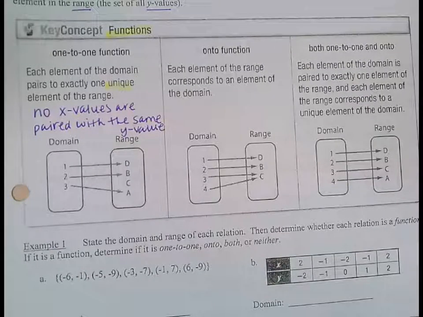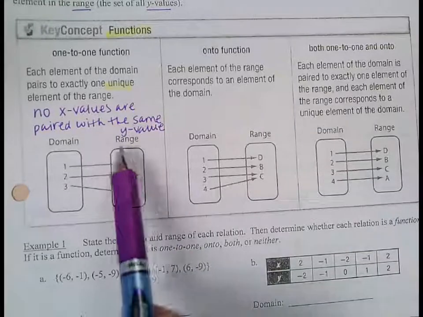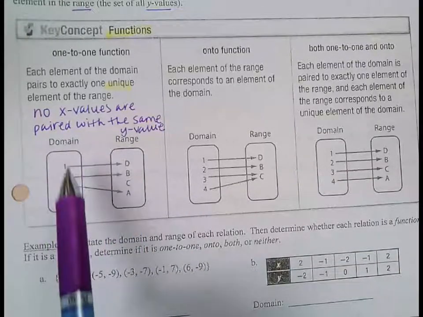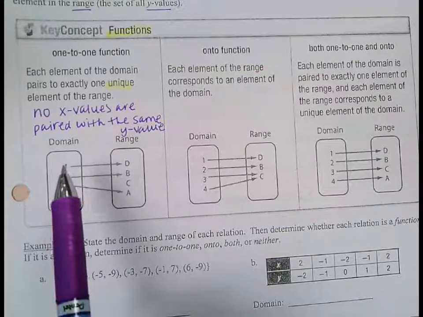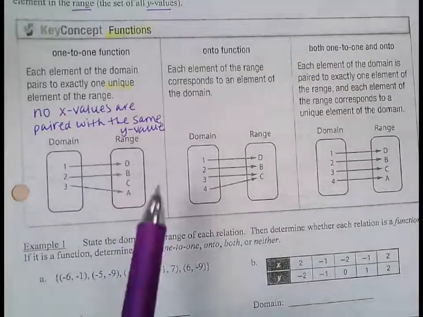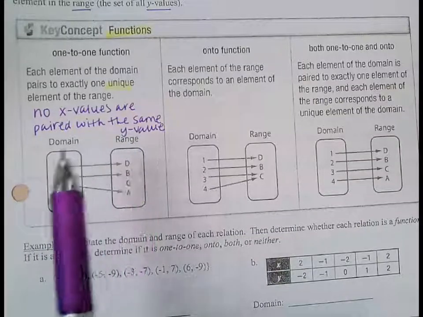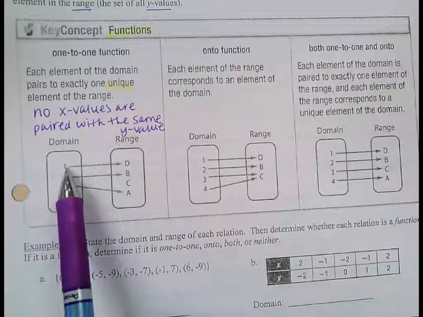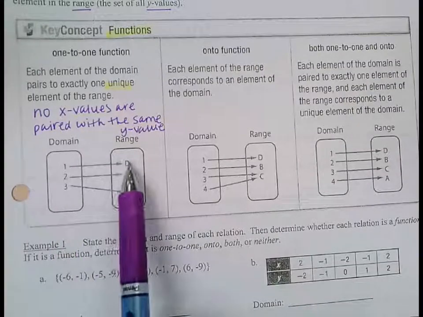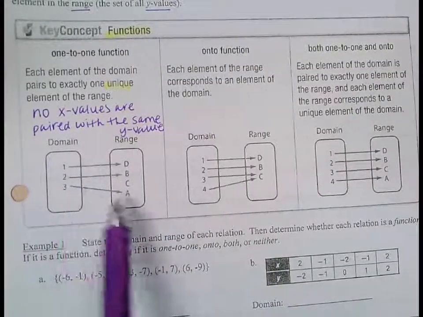And then it does give an example there. This is called a mapping, where you specifically see domain, range, and then it's showing you how one element of the domain is paired with an element in the range. In this mapping, this would be an example of a one-to-one function. So every element in the domain is paired with a different element in the range.